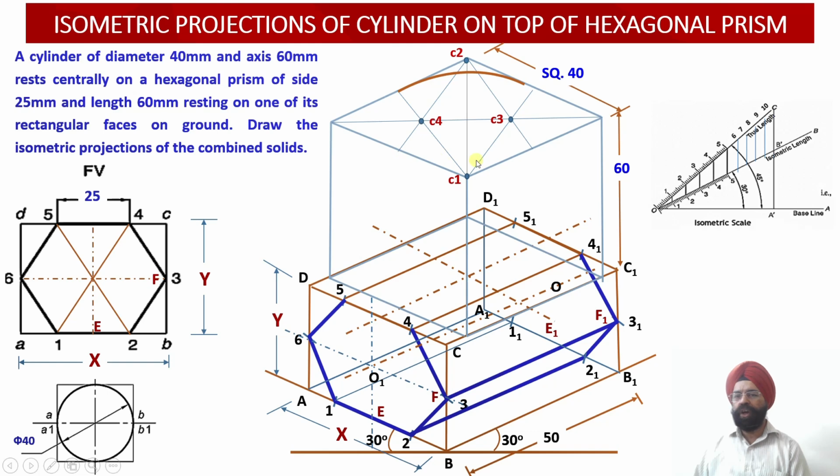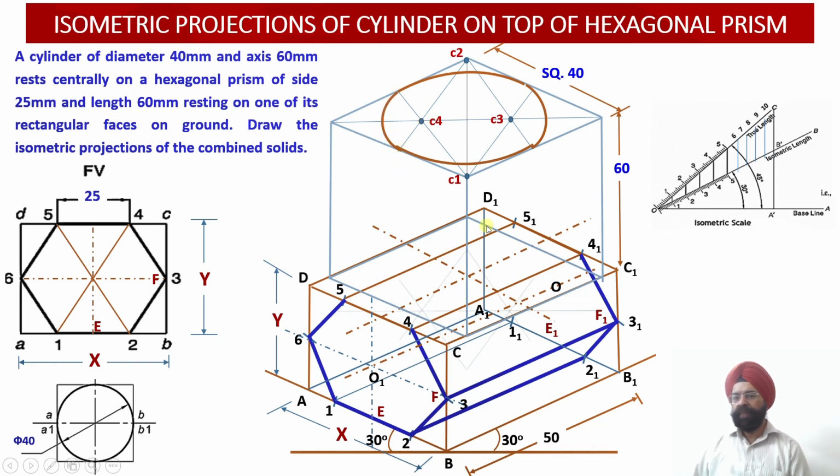I am going to draw the second arc using C2 as the center. Similarly, with C3 as the center, my radius will be this distance, and then the third arc will be drawn over here. Similarly, with C4 as the center point, radius is equal to this one or this one. So the fourth arc has been drawn.